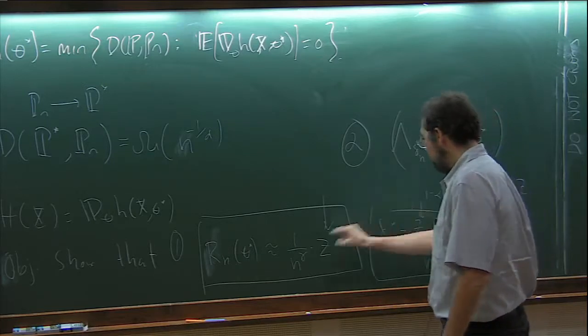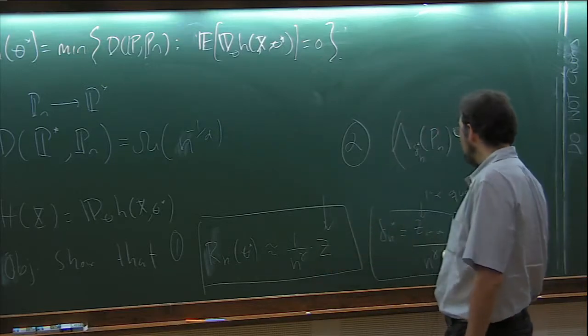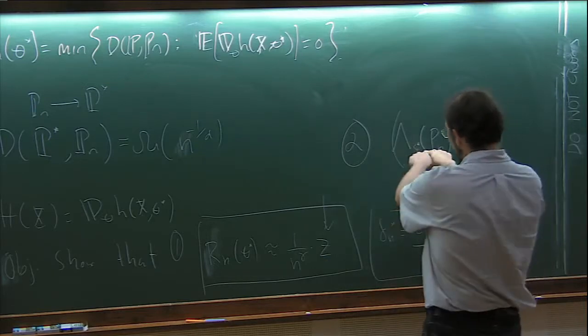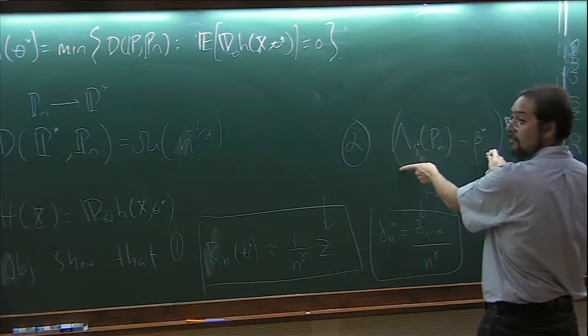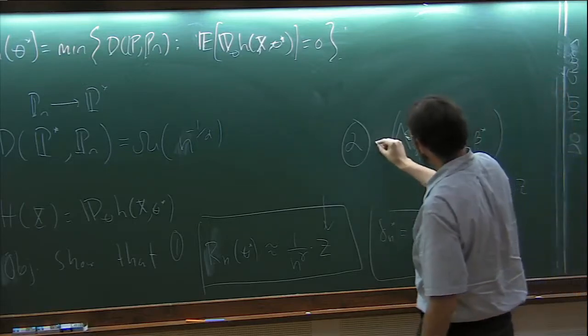Once I identify what gamma is, I plug in the optimal delta. I'm going to plug it in here. I guess this set is centered around 0.